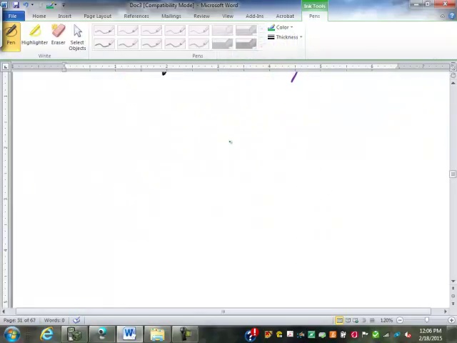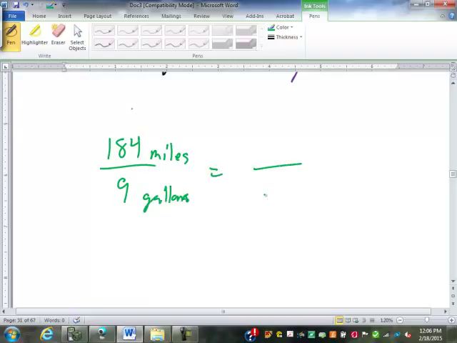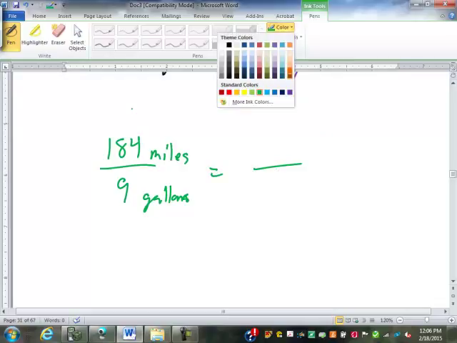Or if you wanted to use other rates, I might look at miles per gallon. Let's say you drive 184 miles on 9 gallons of gas. And you want to know, if you have a 16-gallon tank, how far can you plan on driving?